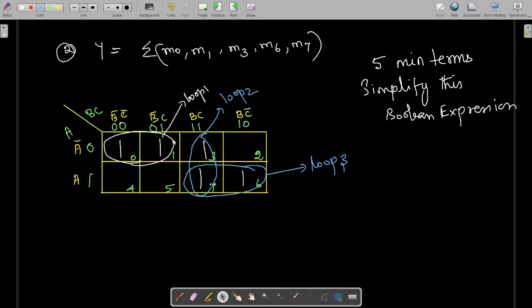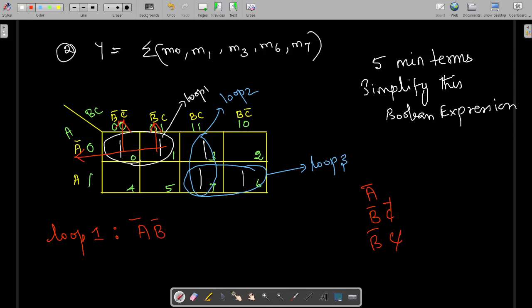In the first loop, I can write the expression. Horizontally, that corresponds to A bar. Vertically, I have B bar C bar along with B bar C. This gets cancelled, so I write A bar B bar. If two B bars come together, we can make it a single one. So A bar B bar is my first expression.